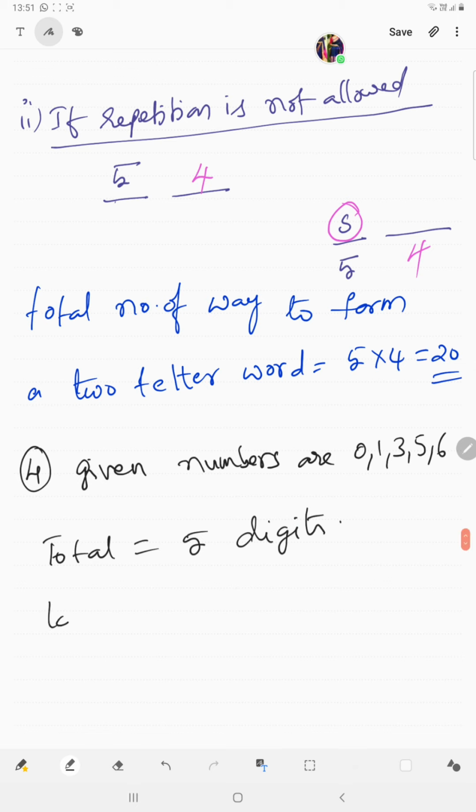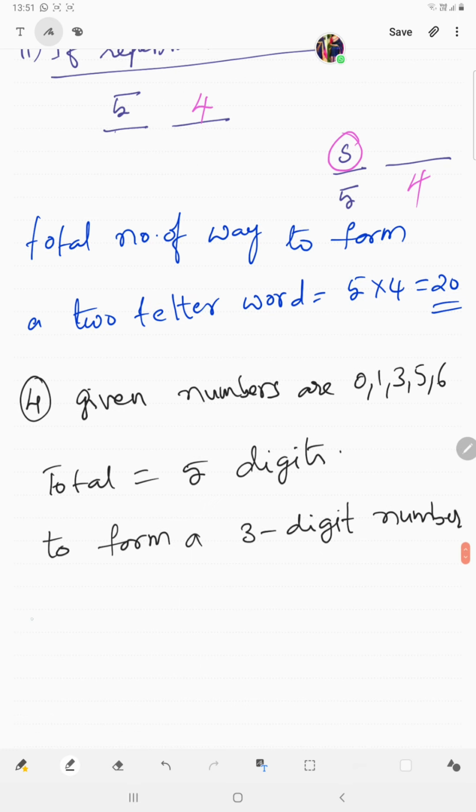And to form a 3-digit number, case 1, if repetition is allowed.